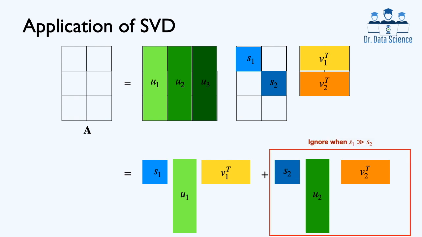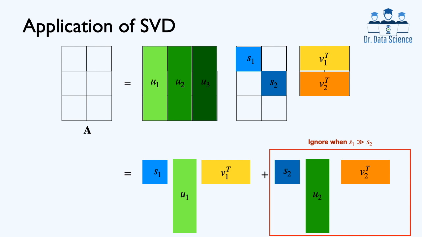And the reason that this type of decomposition is very useful is that, let's say you have done this singular value decomposition and you see that S1, the first singular value, is much greater than S2. So this means that the first term is much more important than the second term.